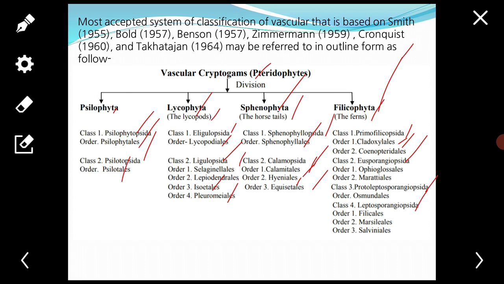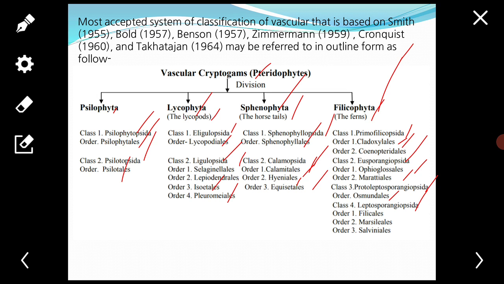Class 2, that is Eusporangiopsida, also comprises two orders. Order 1, that is Ophioglossales. Order 2, Marattiales. Class 3, named Protoleptosporangiopsida, has a single order, named Osmundales.